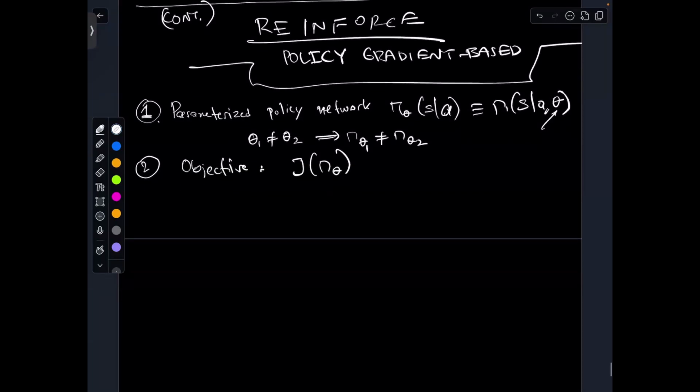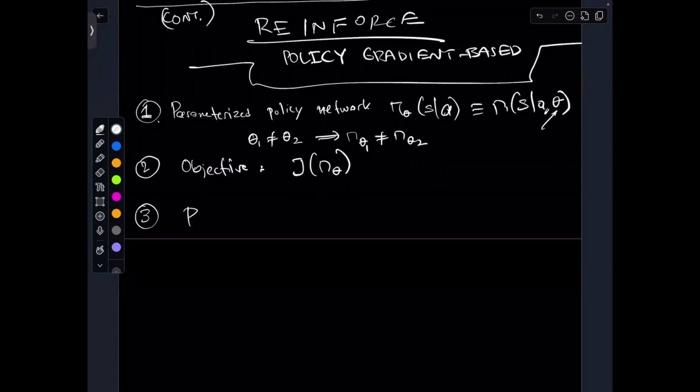The third quantity that I need is someone to guide me in this optimization process. Maximization will be done with stochastic gradient ascent, or minimization with stochastic gradient descent. For any of these algorithms to work, I need the gradient of the policy, and this is the policy gradient.